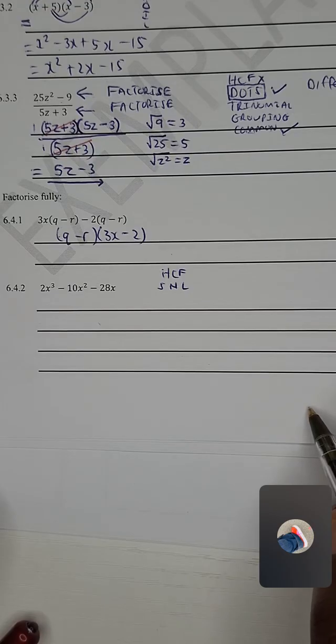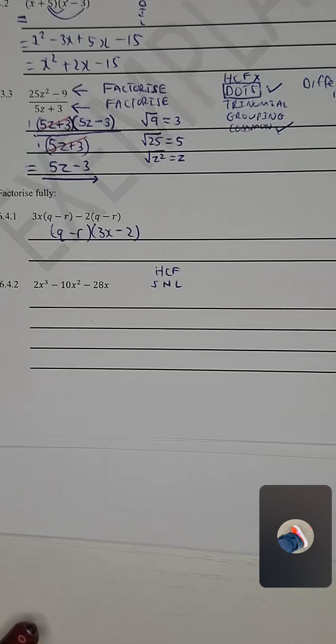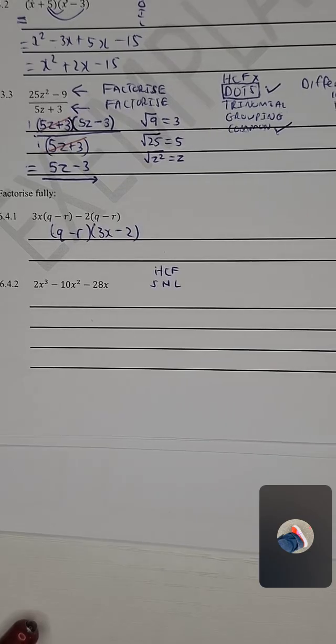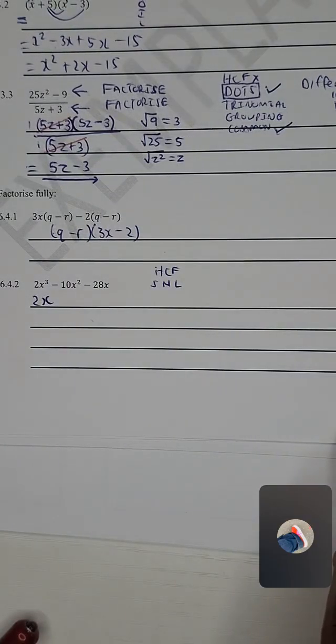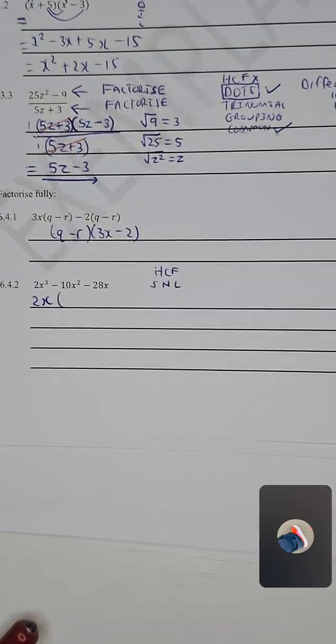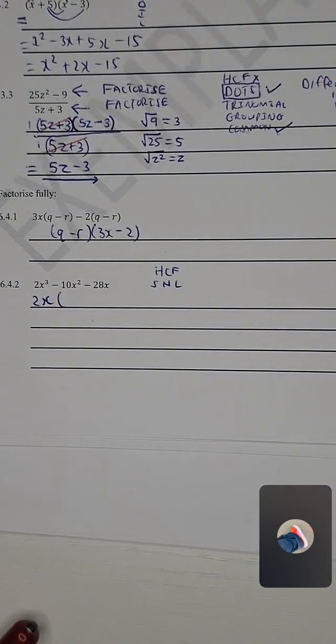So we'll first divide, 10 divided by negative 10 divided by 2, and we'll first write 2x outside the bracket. 2x outside the bracket. Highest common factor, sign, number, and letter, yes. Then we open the bracket.